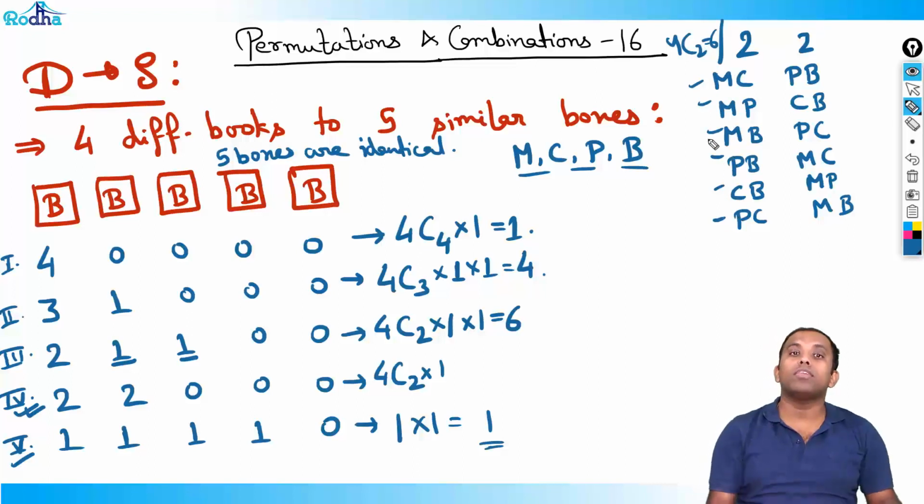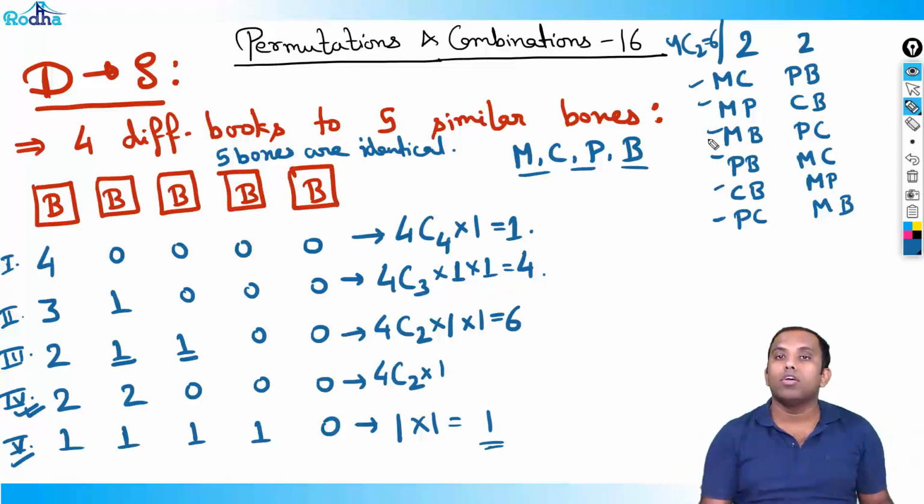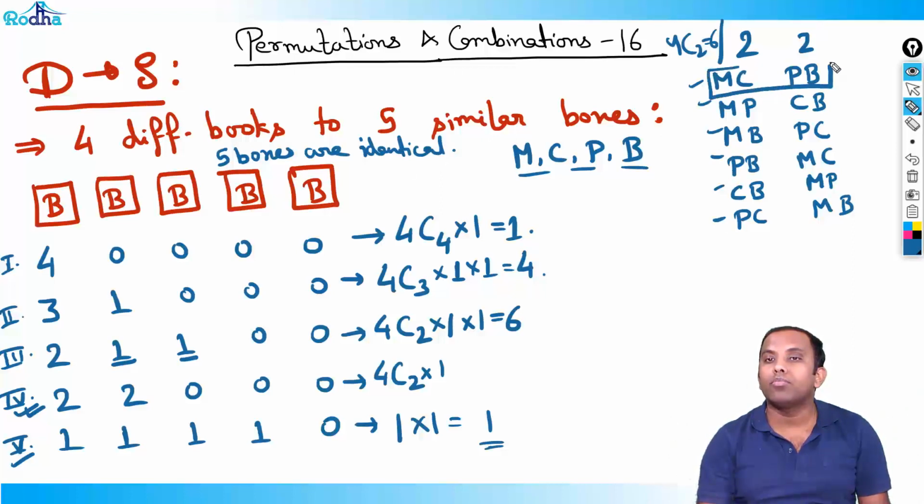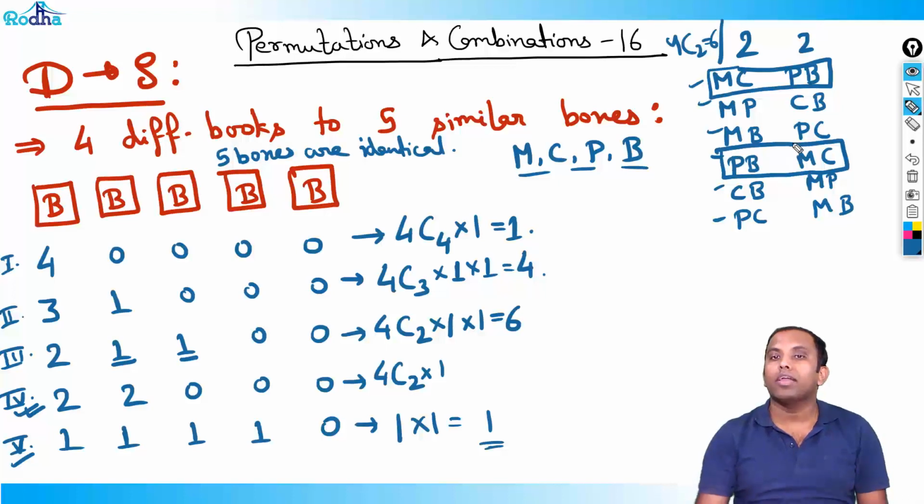But you observe, because these boxes are identical, so maths, chemistry and physics, bio like this, and physics, bio and maths, chemistry like this, these two are absolutely same. Let's say in the first box it is maths, chemistry, and in second box it is physics, bio. And its reverse case is what?